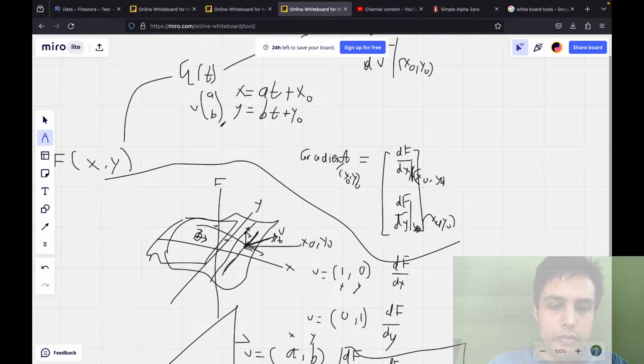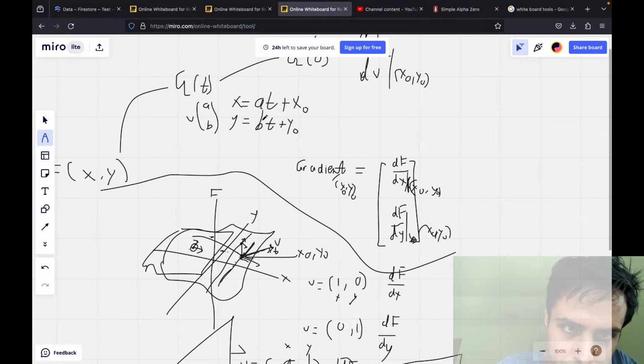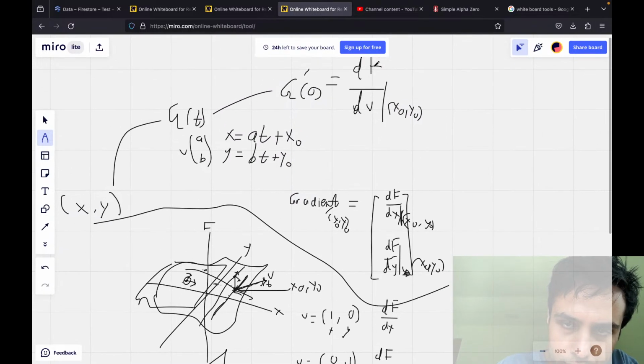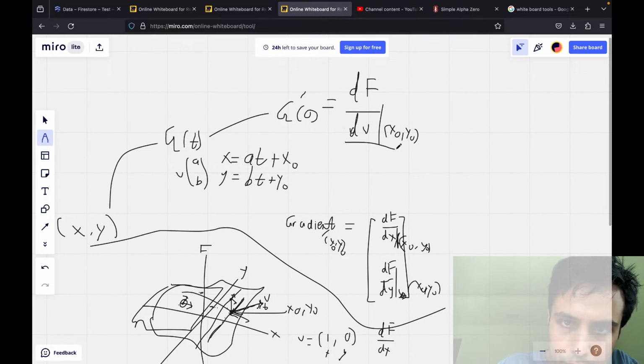Rather than just having a number line for x and a number line for y, we introduce a number line for t. So what this df dv means is that we take a very tiny step in this direction and we get some change here.